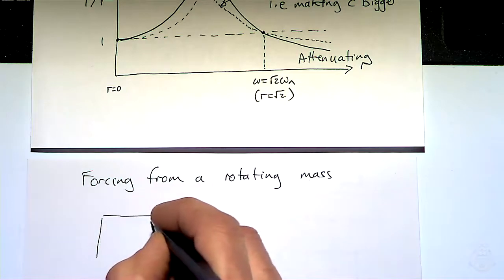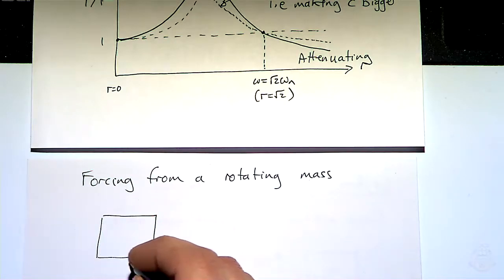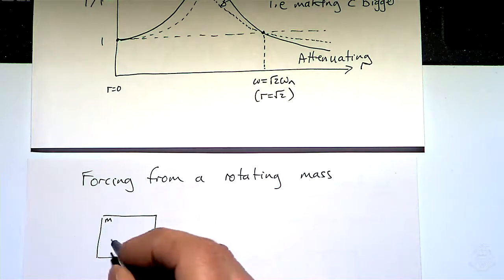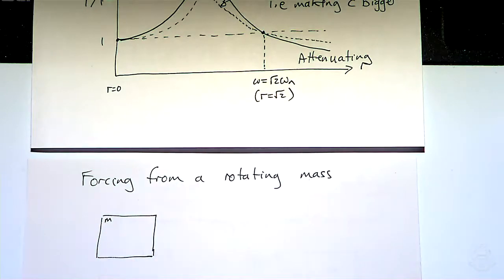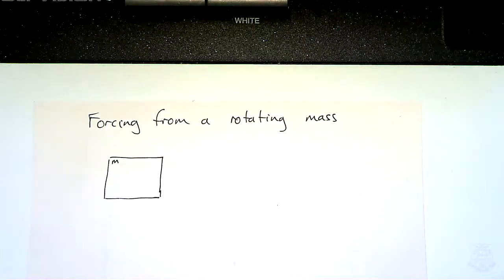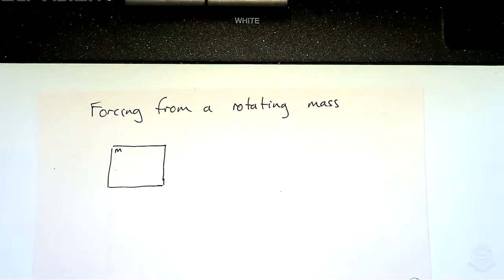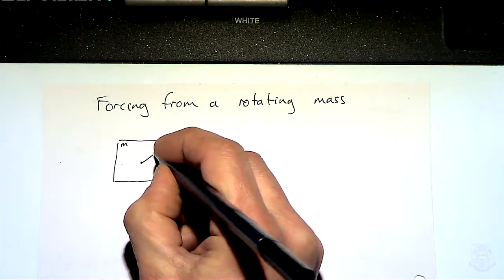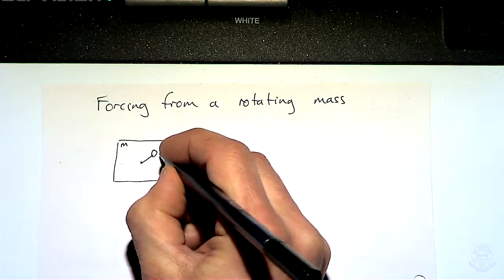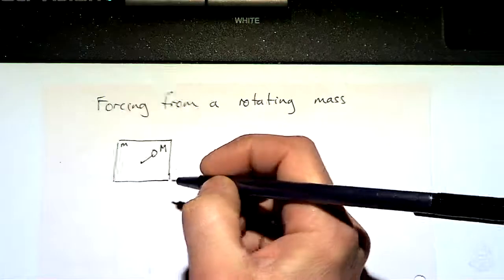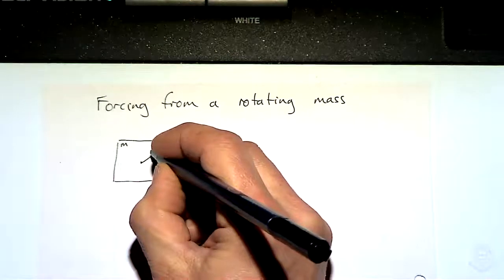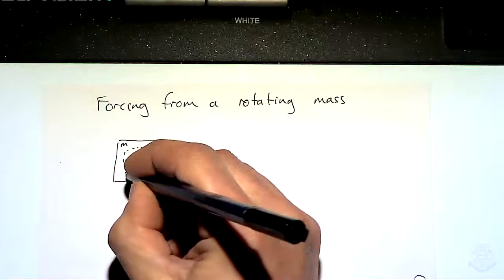What we have is our mass as normal, but I'm going to write m in the top left-hand corner this time to leave some room for some other things. Because what we're going to assume is that we've got another mass here, which we're going to call big M. Capital M is this other little circular mass, and that circular mass is rotating around in a circle, like that.